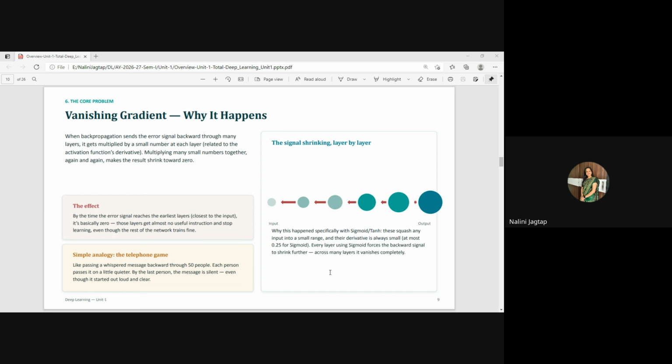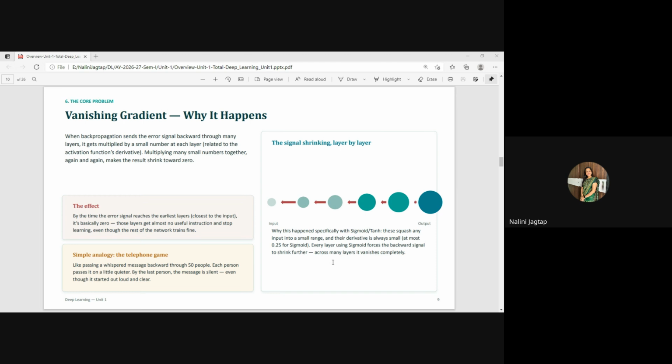So those early layers receive essentially no meaningful correction signal at all, and as a result they barely learn anything, even while later layers closer to the output continue training just fine. The clearest way to feel this phenomenon is to imagine a whispered message passing backward, correct? This is exactly what the vanishing gradient is called.